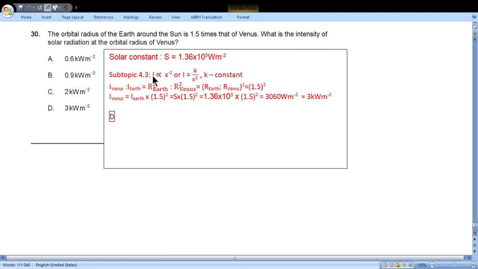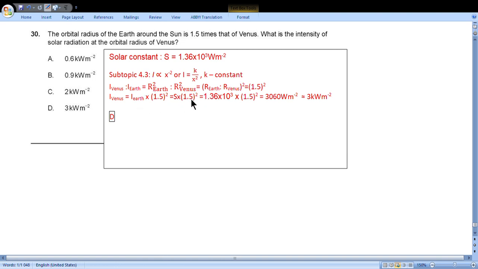Subtopic 4.3, intensity is inversely proportional to the distance squared, I equals k over x squared. So the ratio of intensities of Venus and Earth is equal to the inverse ratio of the squares of their distances from the Sun.